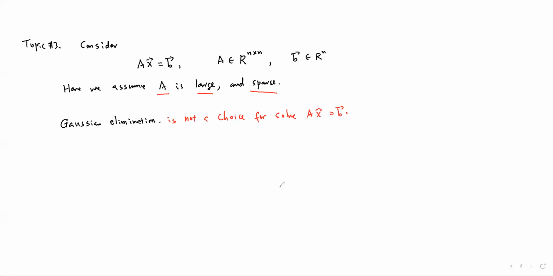The reason is, okay, let's take a review. What is Gaussian elimination? In matrix language, Gaussian elimination (GE) consists of two steps.